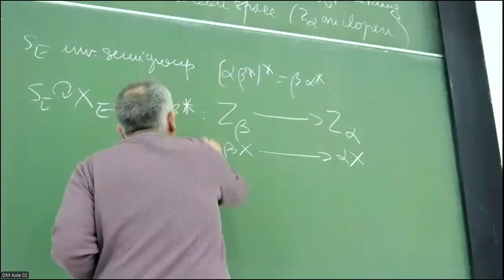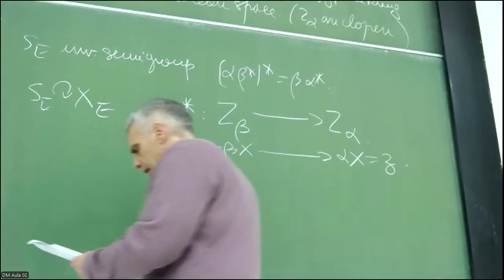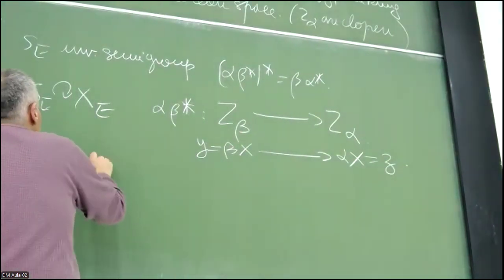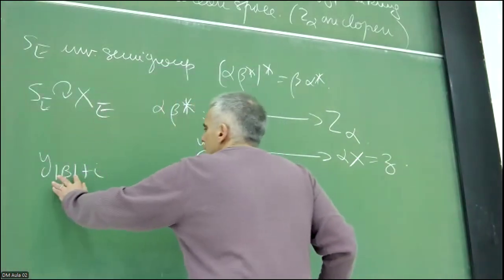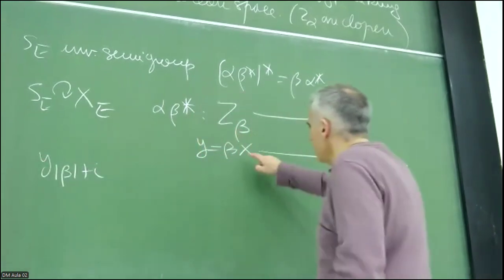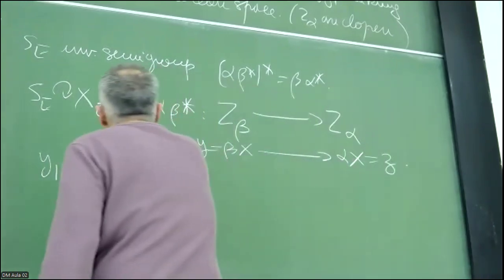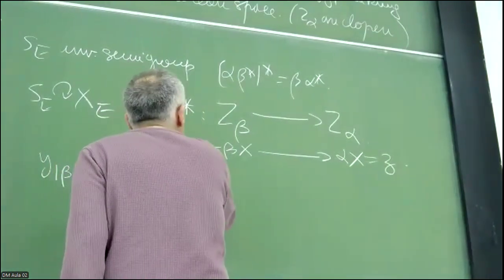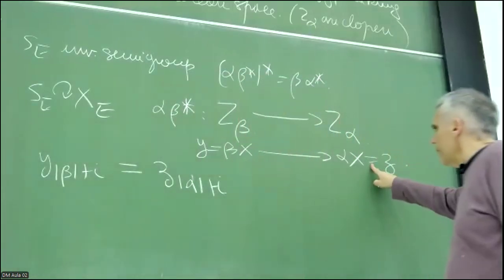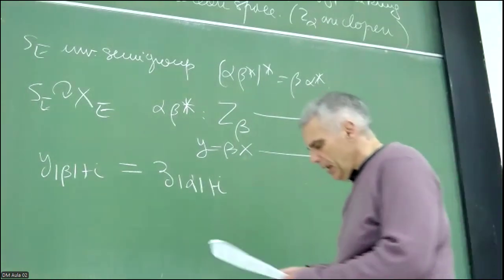Right, and notice that if this is y and this is z, then the length of beta plus i letter of y, so this would be the ith letter of x, is the same as the length of alpha plus i letter of z, because, again, that's the ith letter of x, right?